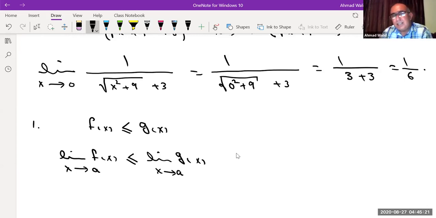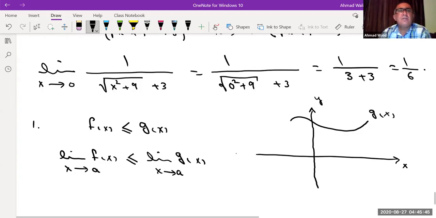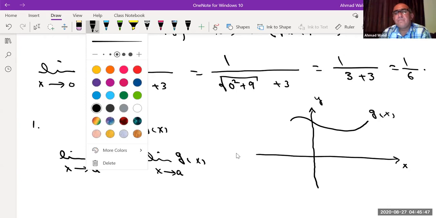If you want to see it in a graph, I can show it in a graph for you. What does this theorem mean, right? This is x, this is y. Let me draw a function, for example, this function, let's name it g of x. And I'll draw another function.